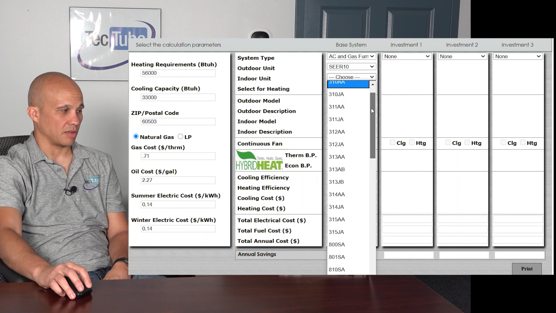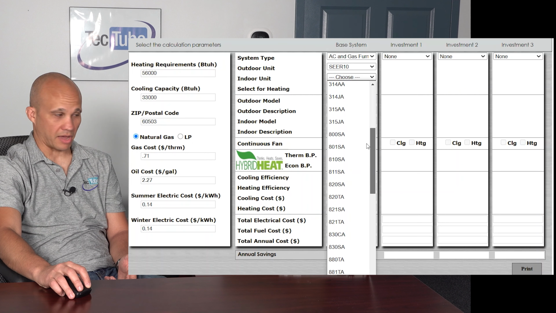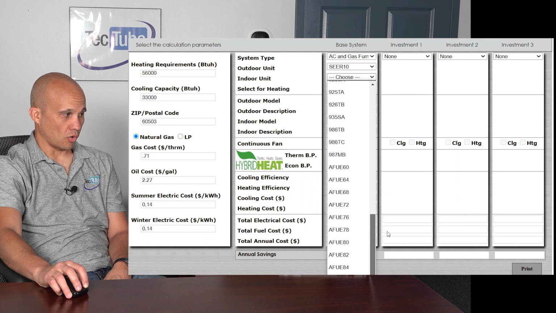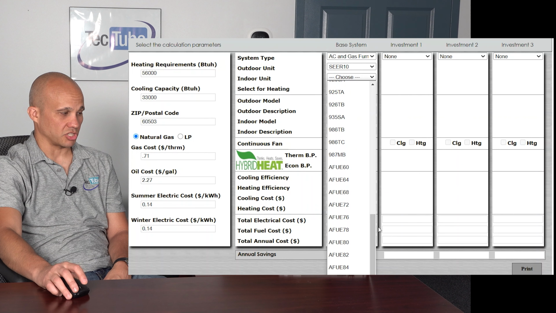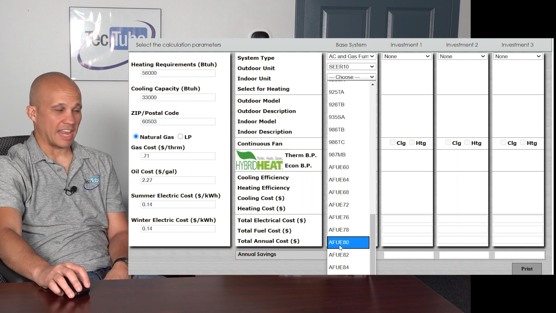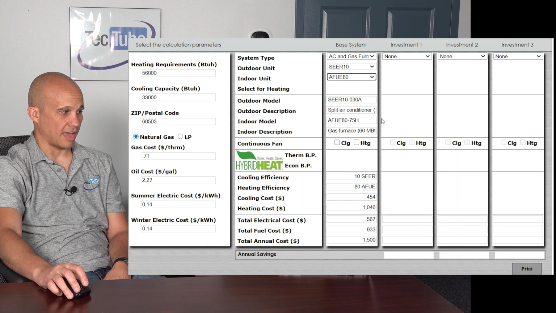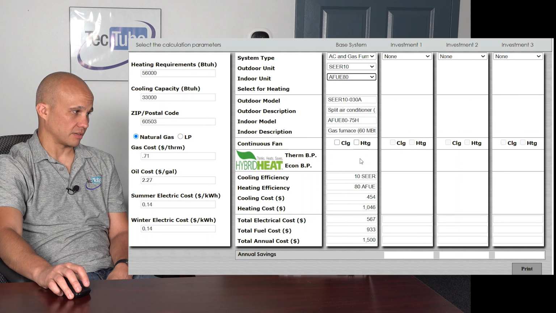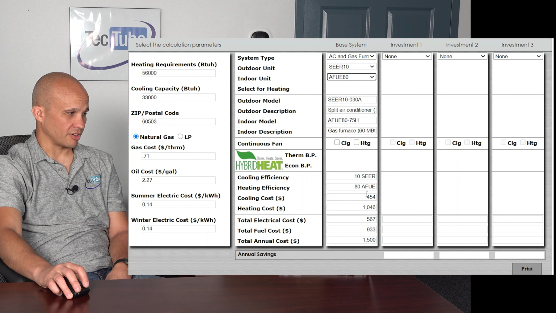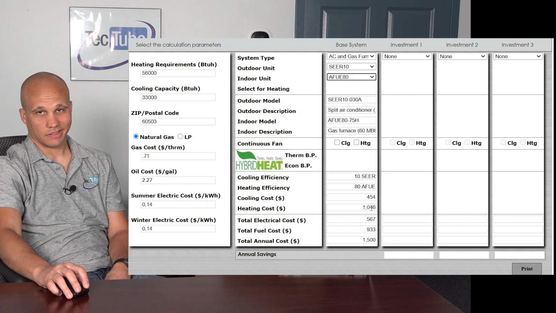Once again, I could pick any one of these current Bryant furnace model numbers, or I could scroll down to the very bottom and pick something generic. They probably have an 80% furnace in their house, so I'd pick that, and that would give me the operating cost. For that system, I picked the 10 SEER 80% generic system. I'm spending $450 on cooling the house and $1,000 on heating the house.